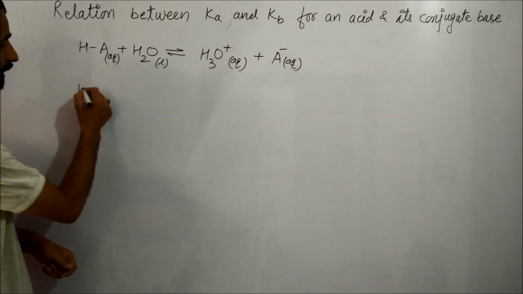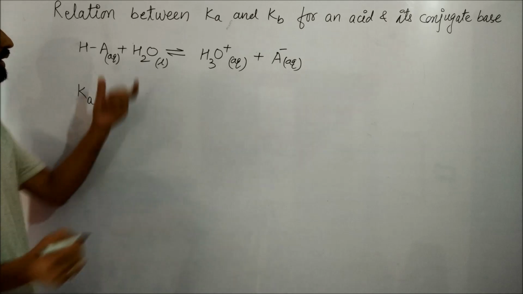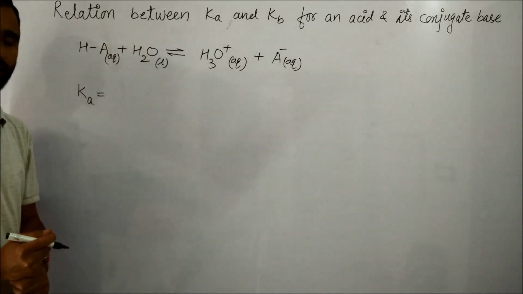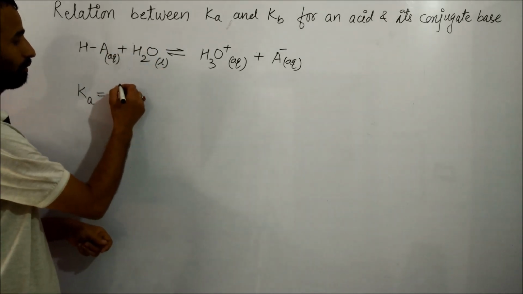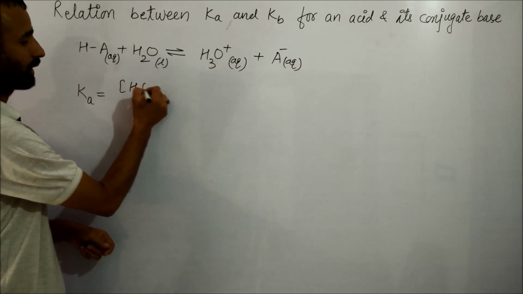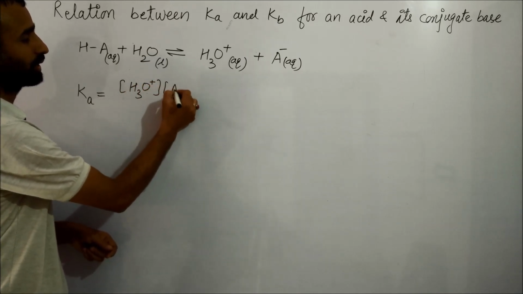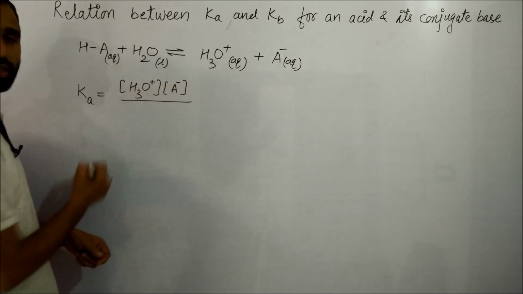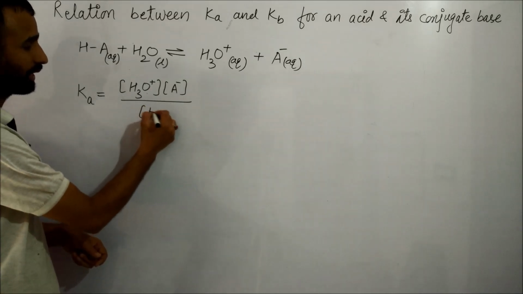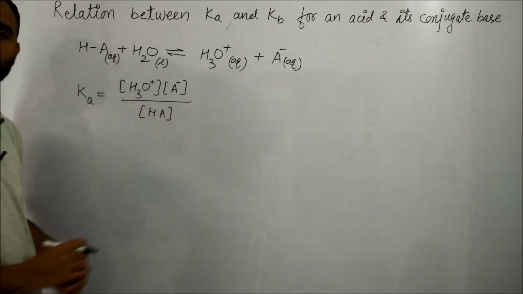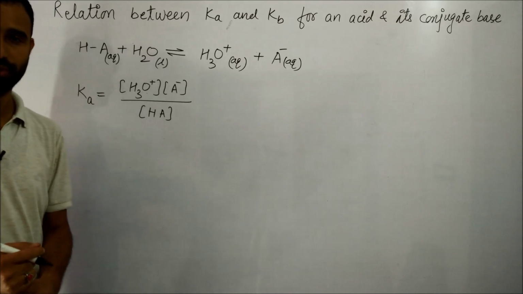So Ka for the given acid is equal to H3O+ ion concentration times A- ion concentration divided by HA concentration.